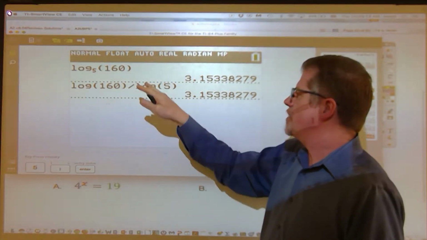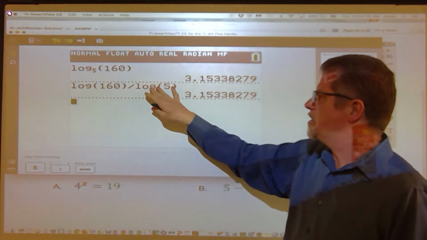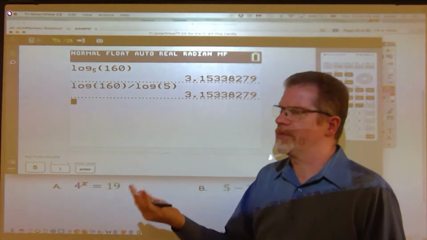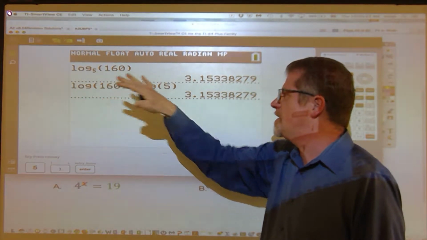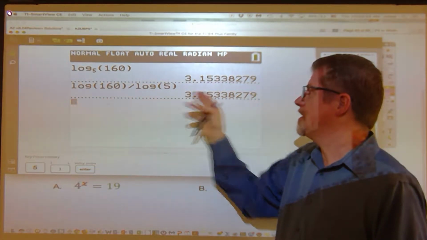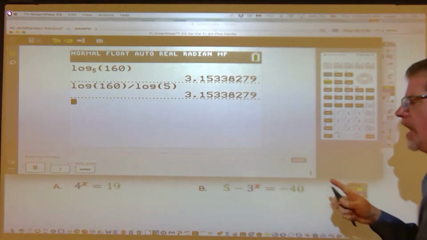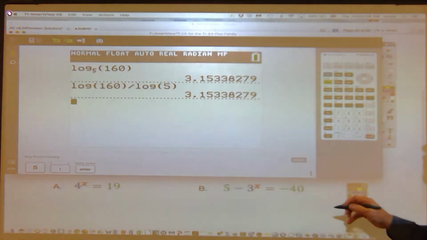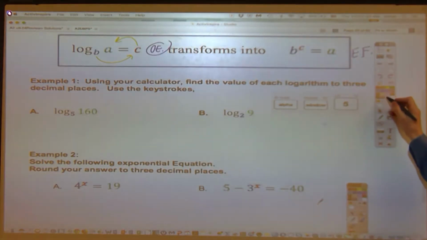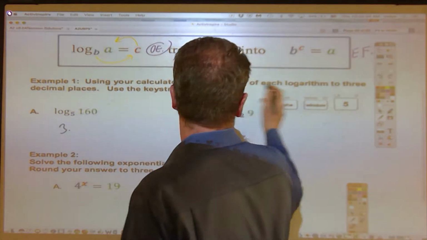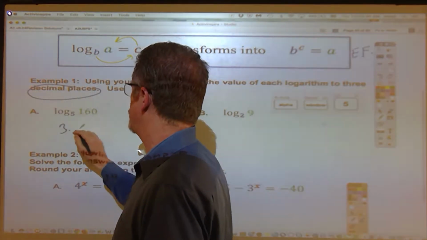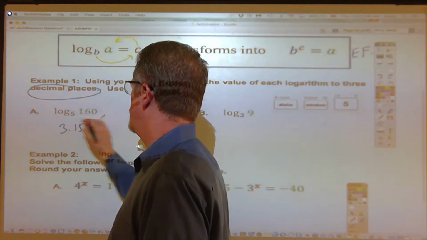The second way I did it is called the base change formula, which is part of tomorrow's lesson anyway. So type in log of 160 divided by log of 5, and notice that you get the same answer either way. 3.153 is the answer, because he said round to 3 decimal places. So 3.153 is the answer to part A.